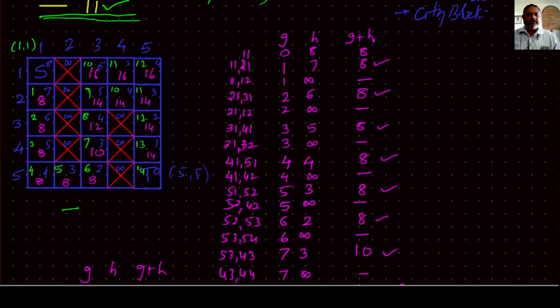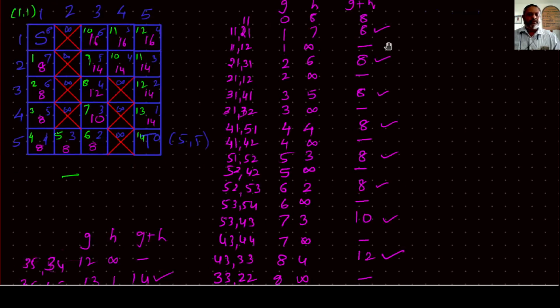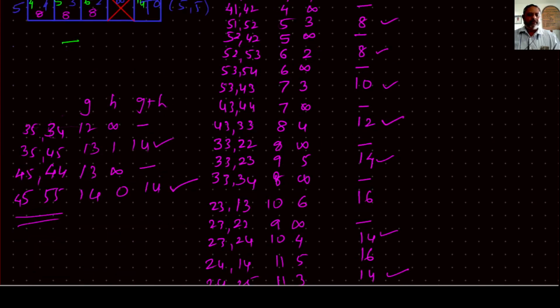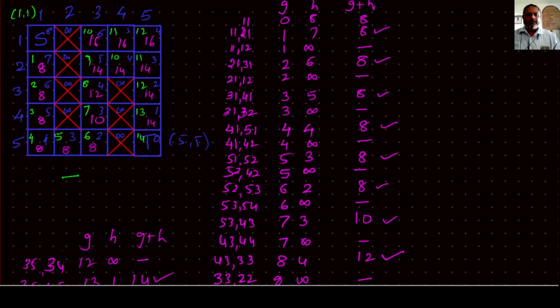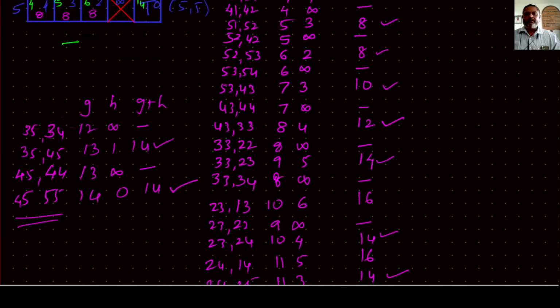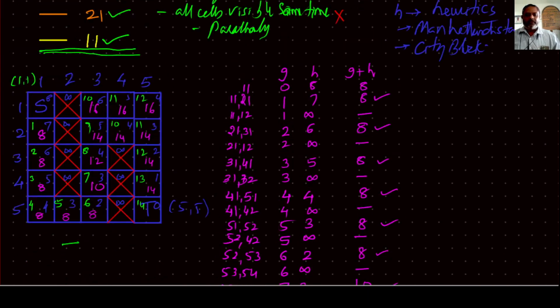Going left is infinite, going down to 4 5 will make 14. Then once you are in 4 5, going to 5 5 will make 14. So finally we reached 5 5 with 14.